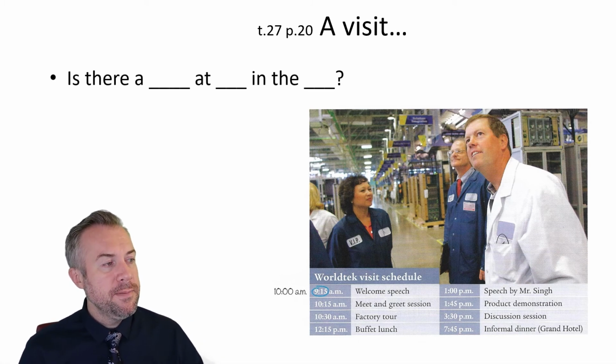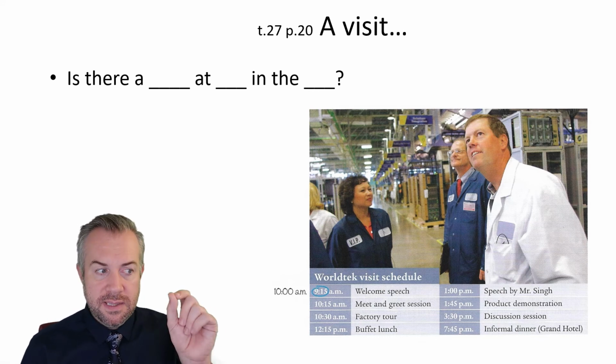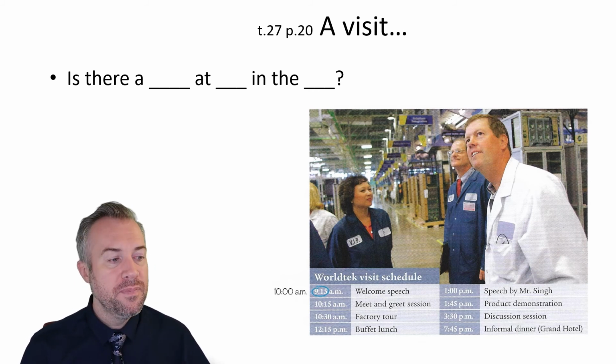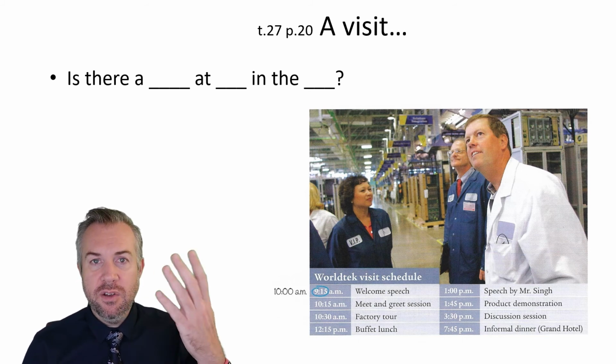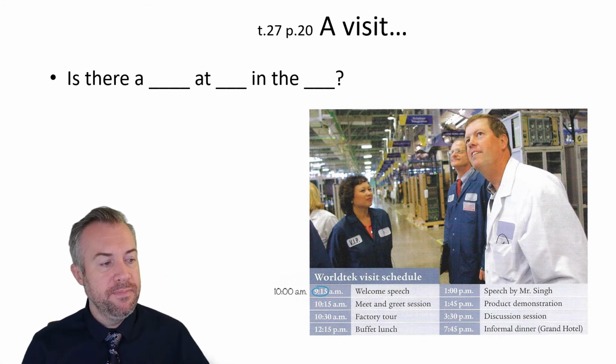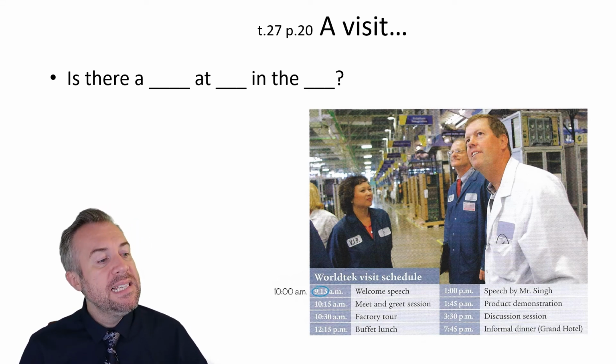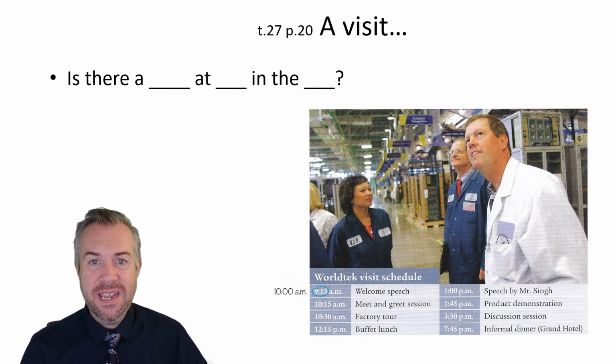So the question is, is there an event at a time in the morning, afternoon, or evening? The first change we can see is the time. Using the original schedule, we can ask, is there a welcome speech at 9:15 in the morning?